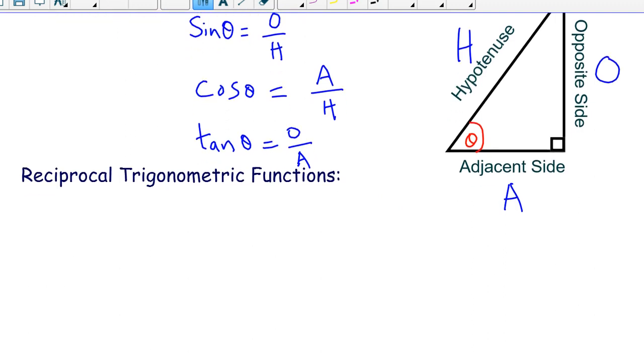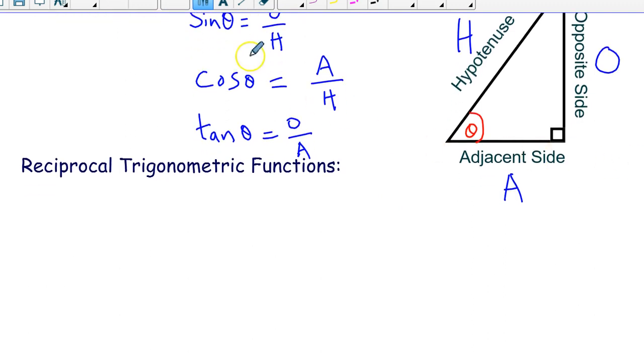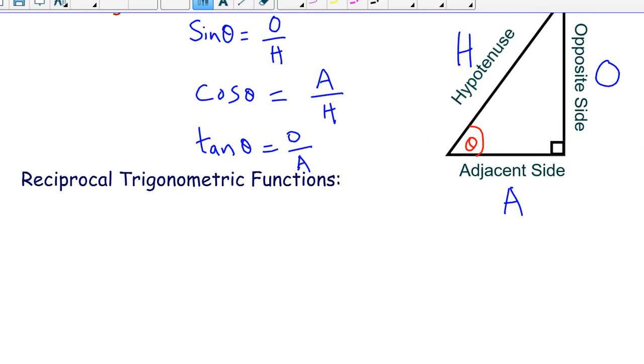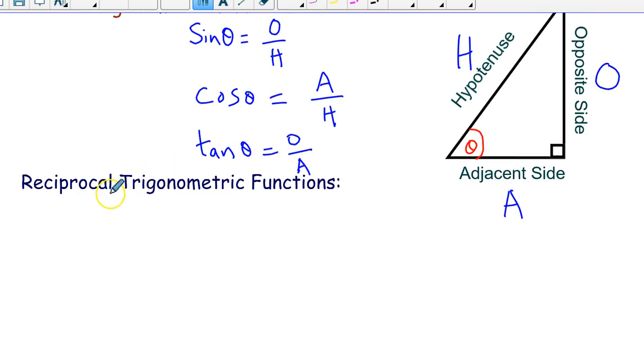Once you have those three trigonometric ratios, sine, cosine, and tangent, we take their reciprocals, that is, the multiplicative inverse. The multiplicative inverse or the reciprocal of sine is cosecant, C-O-S-E-C-A-N-T, cosecant theta.